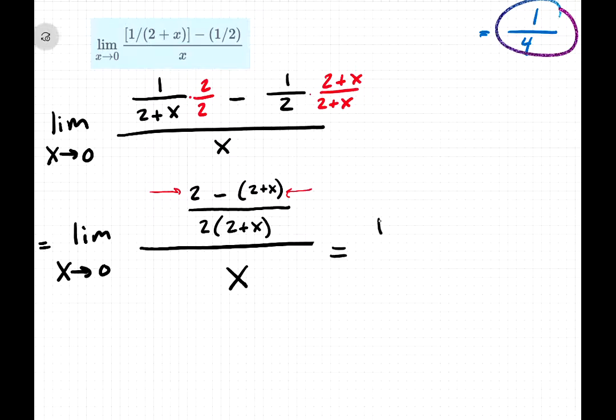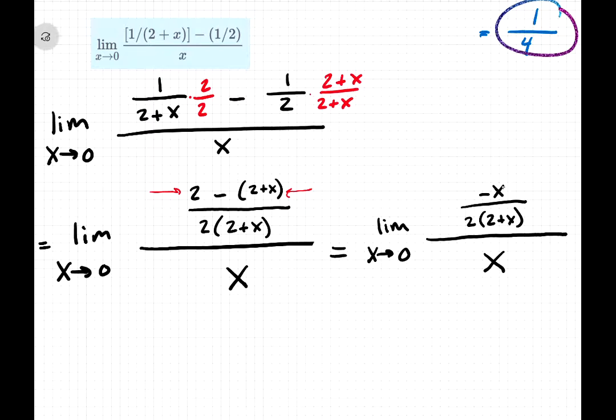So it looks like here we could do a little bit of simplifying. Okay, so we have the limit as x approaches 0. On top we have 2 minus 2, the 2's cancel, and then we have a minus x, so there's a negative x there.